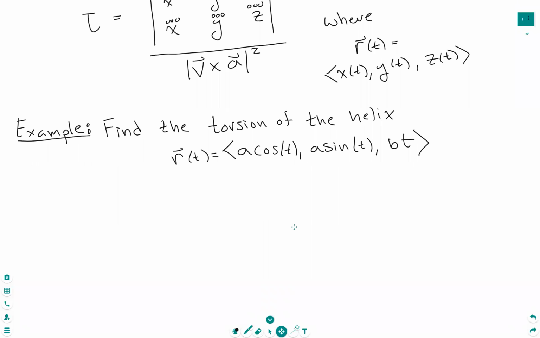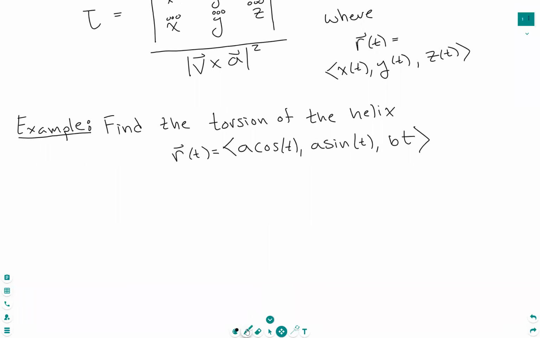Okay, so in order to find the torsion here, I'm going to need the first, second, and third derivative. So I'll go ahead and calculate those. So r prime is negative a sine of t, a cosine of t, b.